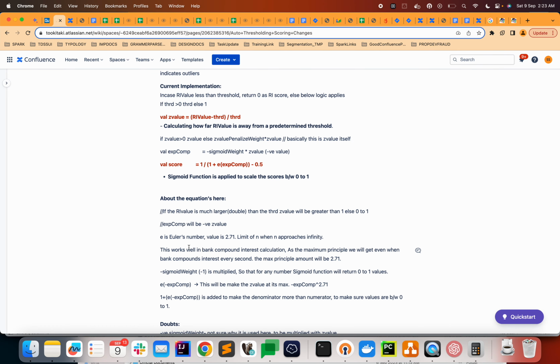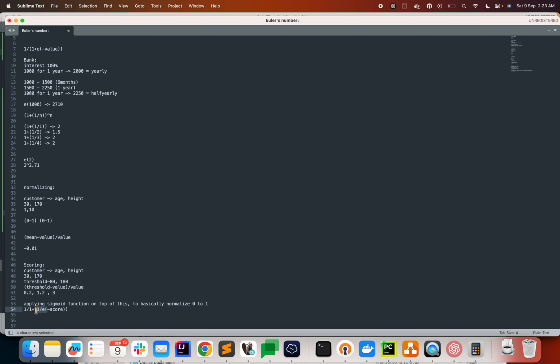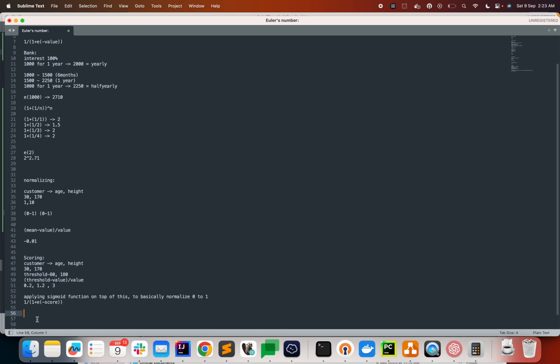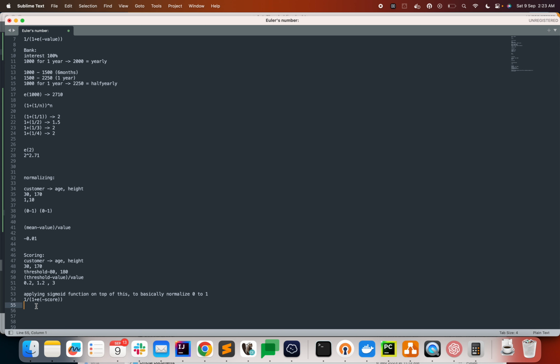So this is the formula for the sigmoid function. This sigmoid function will make sure the final scores are 0 to 1. To normalize it to 0 to 1, if we still want to, we can apply the sigmoid function. This will make sure it will be 0 to 1.